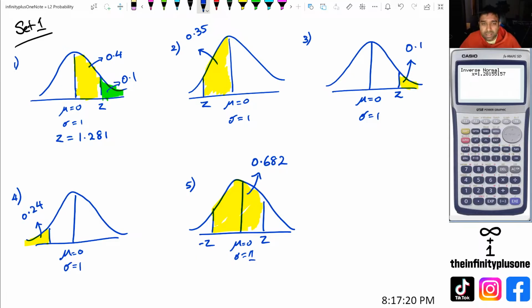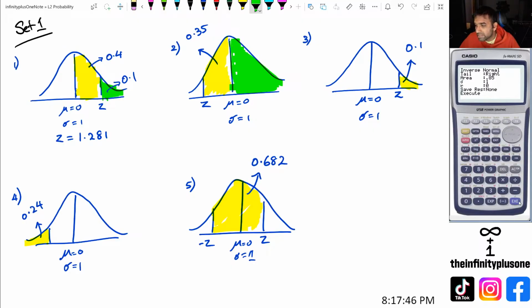Next is I've got, sticking to the theme here, I'm going to go with right tail again. Well, I mean, you don't have to, because I'm going to go right tail here, which means I'm going to include all of this. So that's going to be 0.5 plus 0.35. So that's going to be 0.85. And my standard deviation and mean is not going to change.